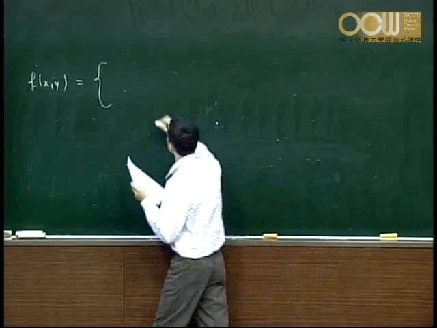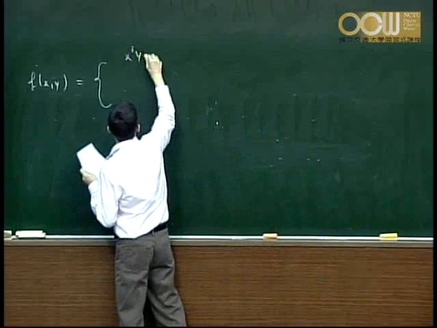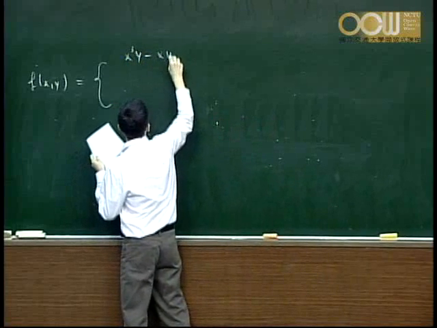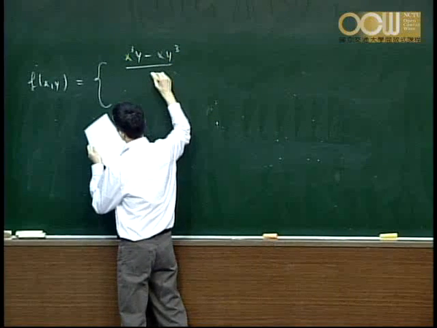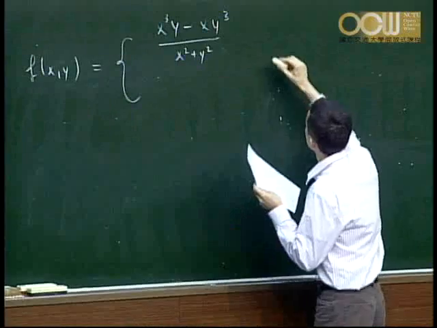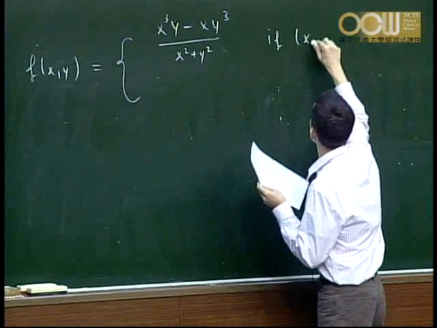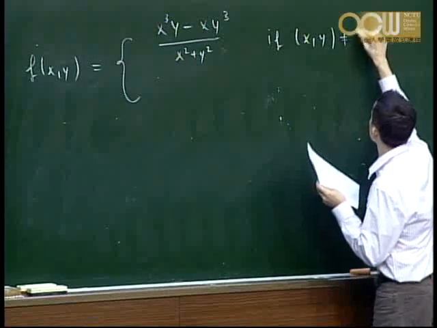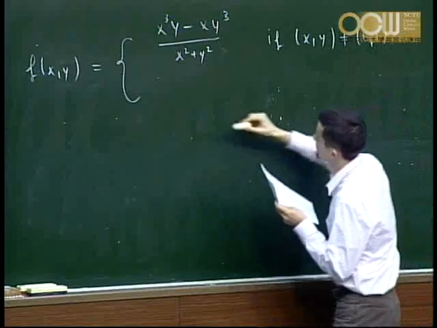So here's one: f of x, y equals x to the cube y minus x y to the cube over x squared plus y squared, if (x, y) is not equal to (0, 0), and 0 otherwise.